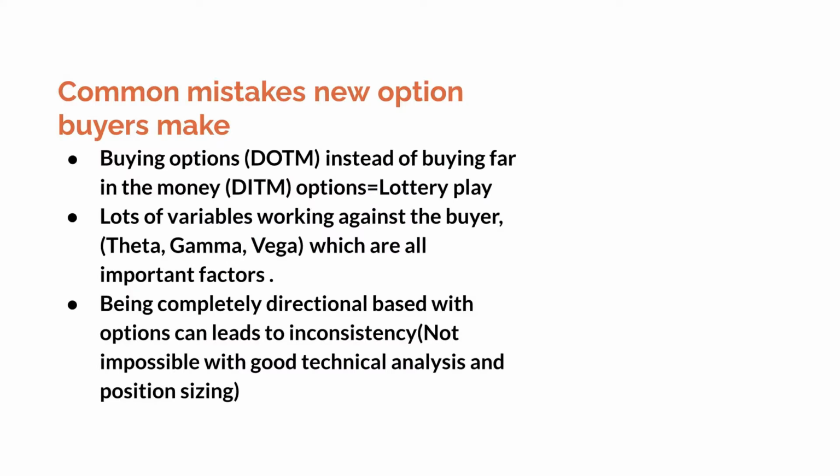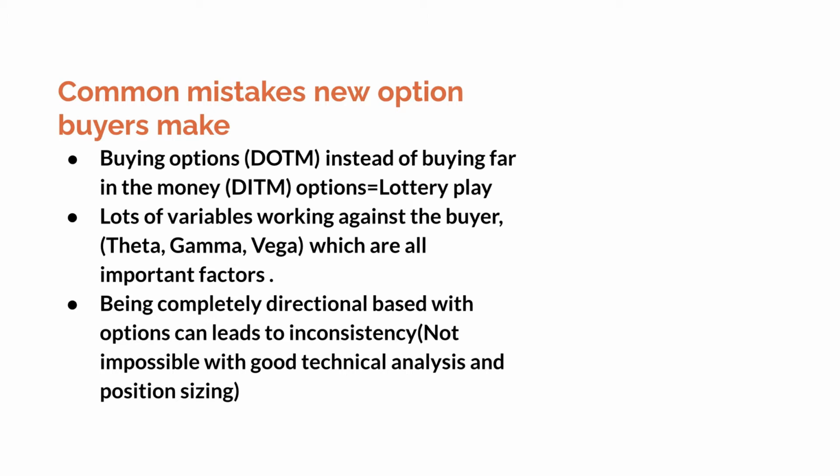Common mistakes new option buyers make: buying options deep out of the money instead of buying far in the money, deep in the money options. This can be a lottery play sometimes, because a lot of times what new option traders do is they see a very good opportunity in a stock.